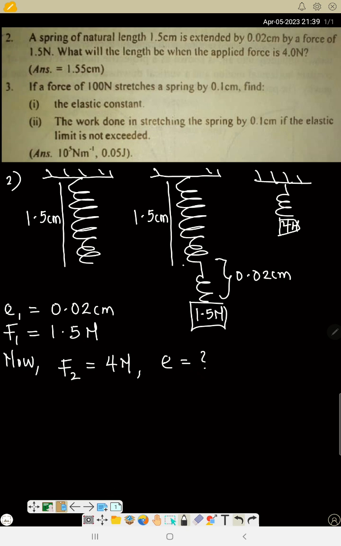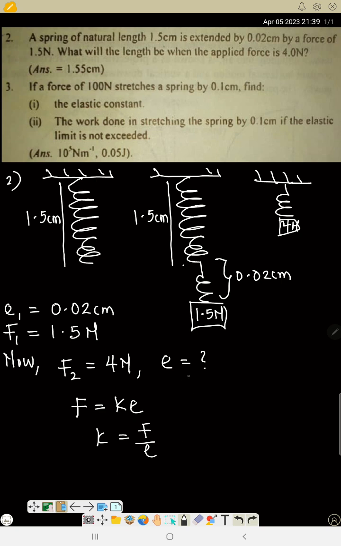So now the relationship between the force and the extension is F equals KE. This is from Hooke's law. So F equals KE, and we know that K equals F over E. Meaning that F over E is constant.